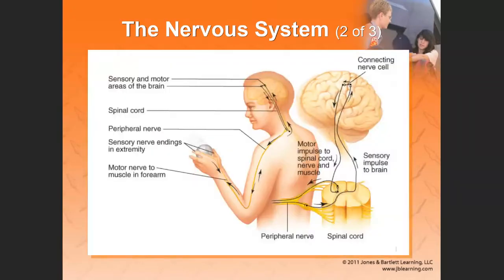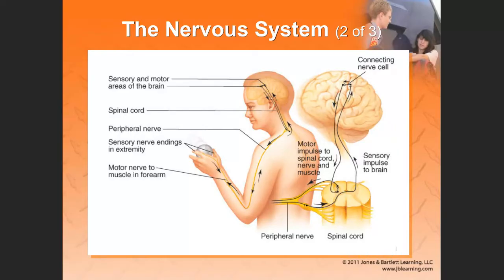We can also get what is called a spinal reflex from the nervous system. And what that means is the signal is bypassing the brain. So, for example, someone picks up an object, the object is hot, so it's a hot object.